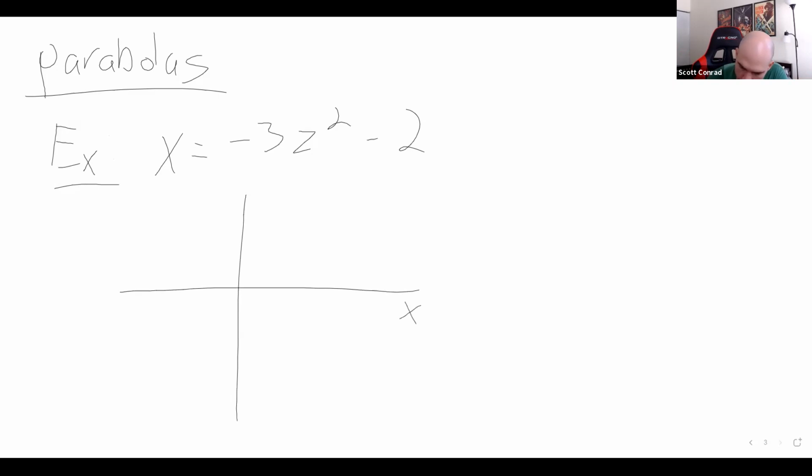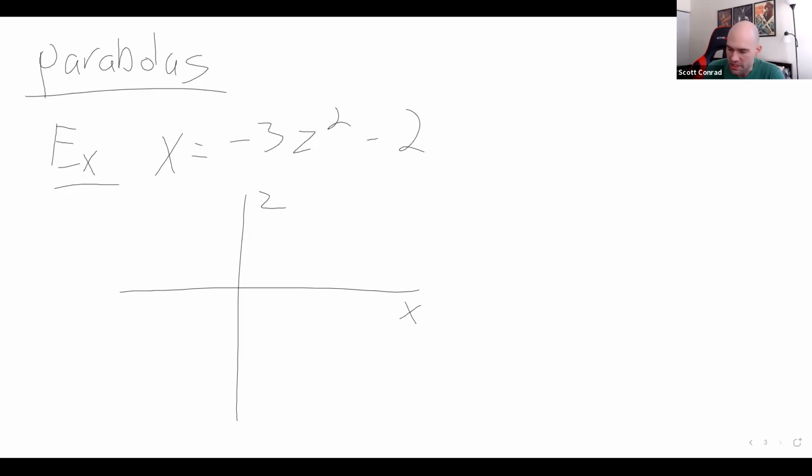So this involves x and z. We graph in the xz plane. The important thing here is that you get your parabola opening in the correct direction. It's either opening in the positive or negative x direction, or the positive or negative z direction, and you get the intercepts correct. The fact that it's a negative 3z squared, I don't care if that looks exactly like negative z squared. Just that you get the intercepts and the general direction of opening.